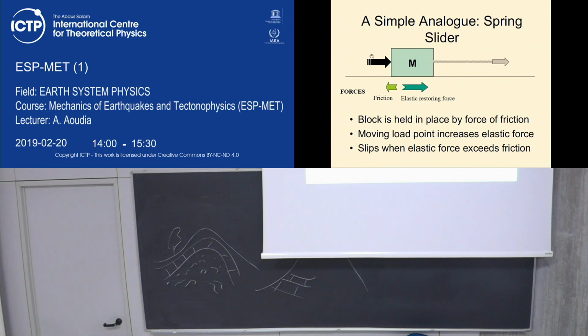And then the slip occurs when the elastic force exceeds friction. Pum, and then you get the kick. Right? And here the friction drops down, or the elastic restoring forces get higher. Which of the two?